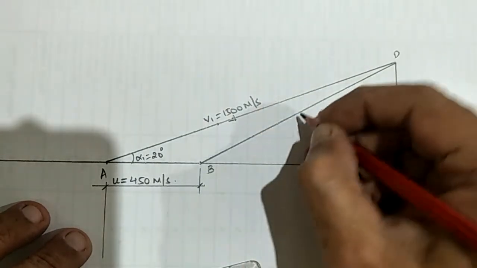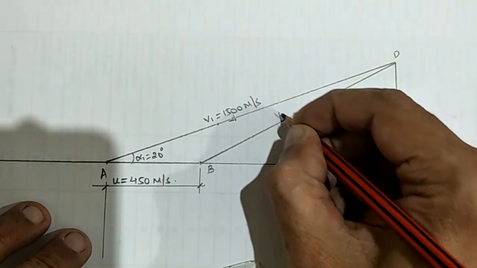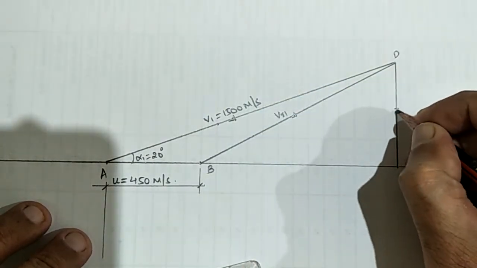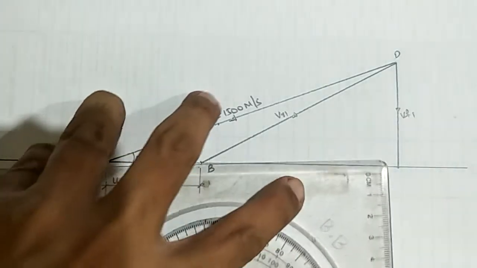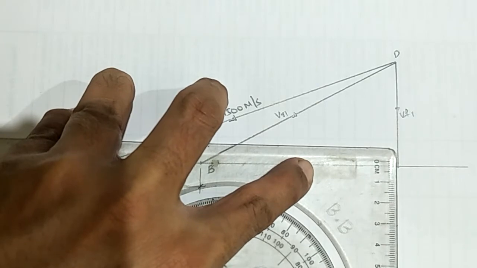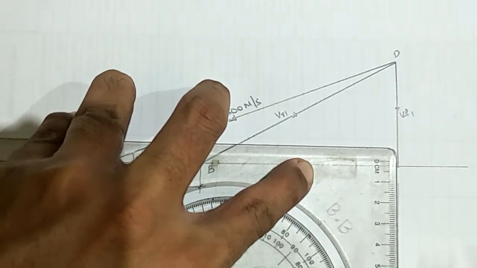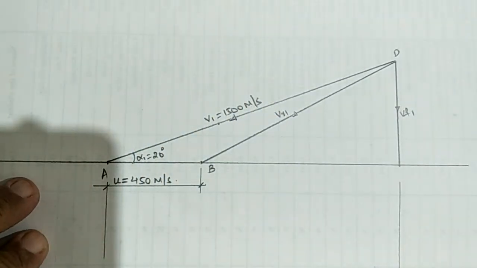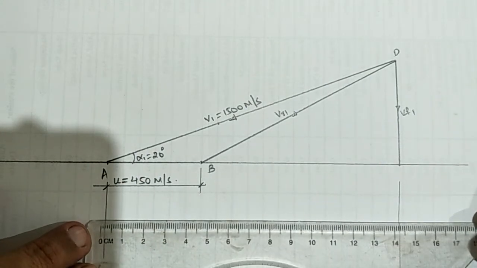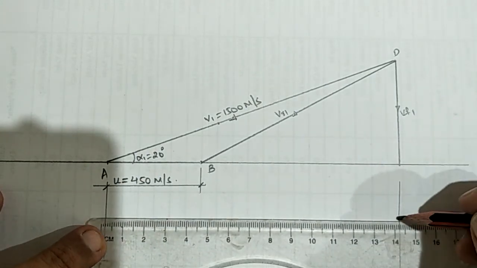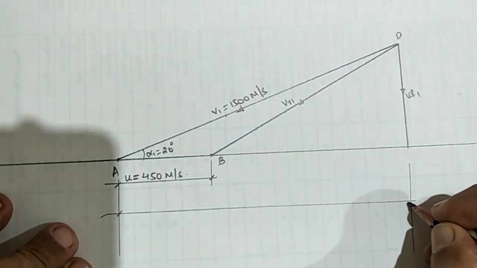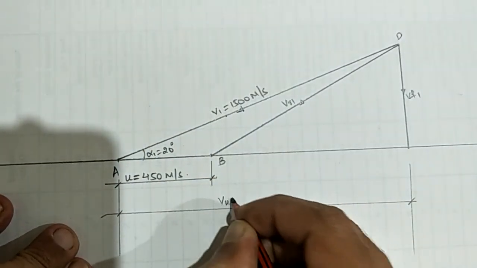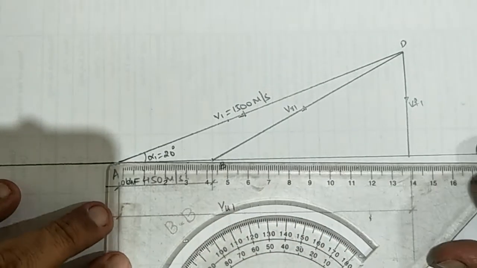So this is V1, this is VR1, and this is VF1, and then from here to here it is VU1, that is nothing but AC. So what is the length of VU1 here?